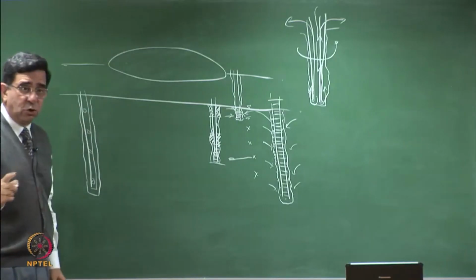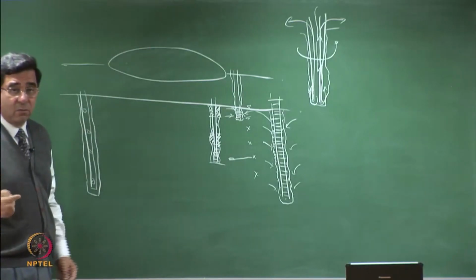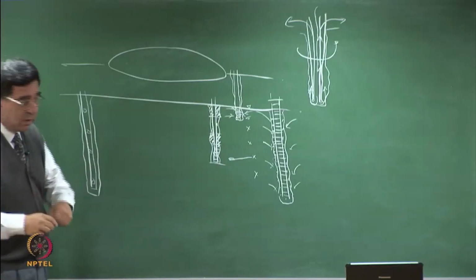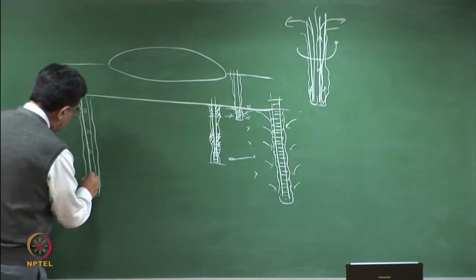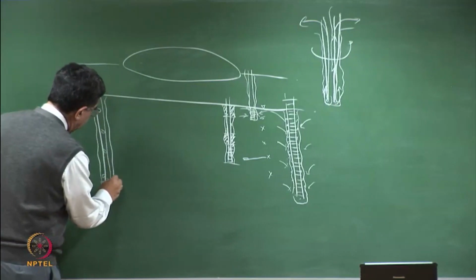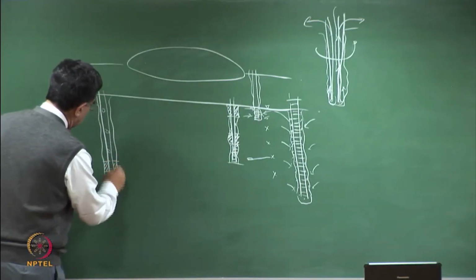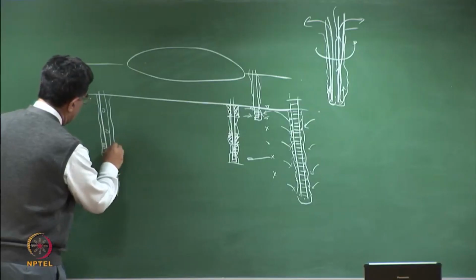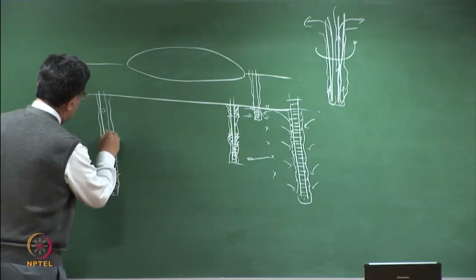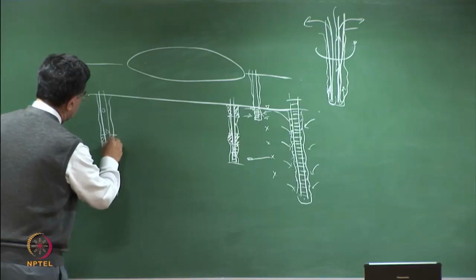Then I must ensure that water does not cross from one port to the other. That means I will put gravel pack here, and then I will seal this. Then I will put gravel pack here, and then I will seal this.